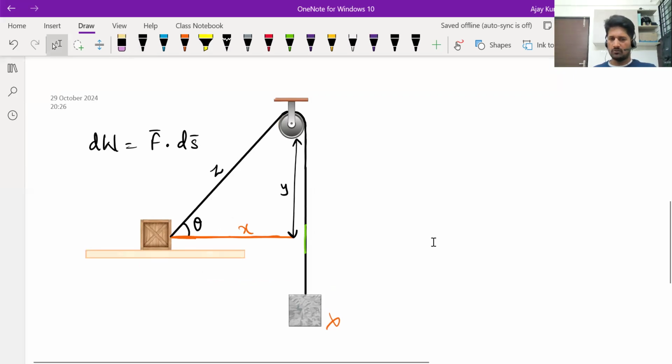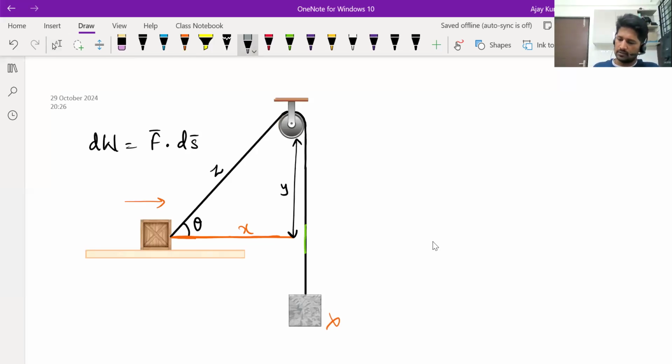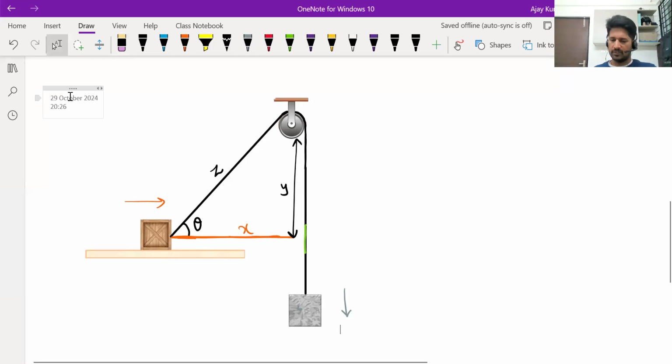Now you know one block goes down, one block goes to the right. Imagine these blocks moving and tell me which terms out of x, y, and z change. Which are the variable terms? X is definitely a variable.